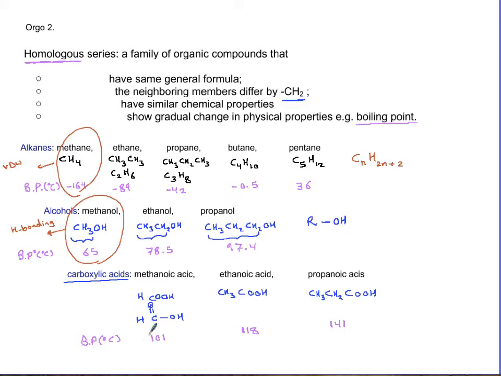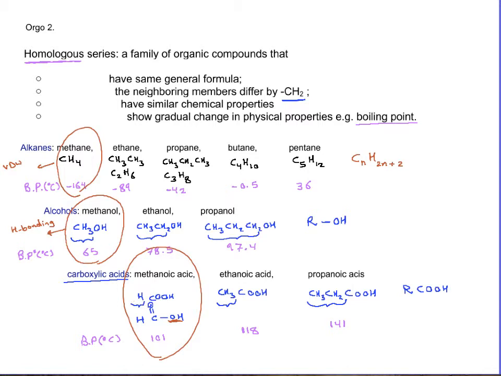Why does methanoic acid have an even larger boiling point than methanol? Because not only do I have hydrogen bonding here, but I also have additional dipole-dipole forces. So the boiling point drastically goes up. The generic formula for carboxylic acid can be represented as RCOOH, where R is the alkyl group that you see here, or even hydrogen.